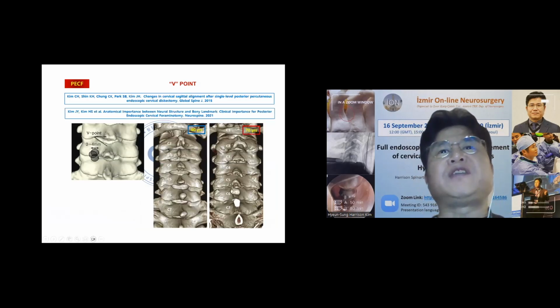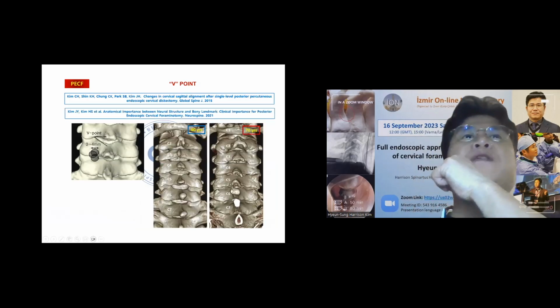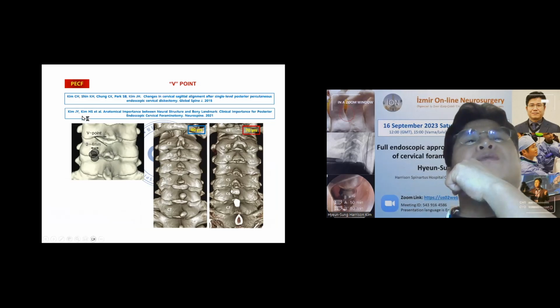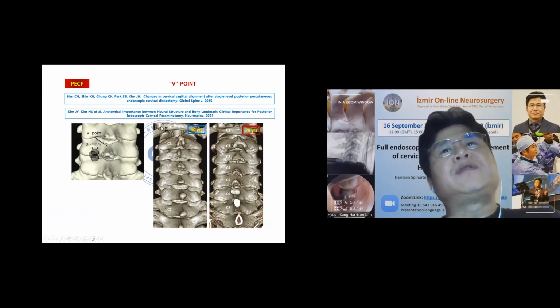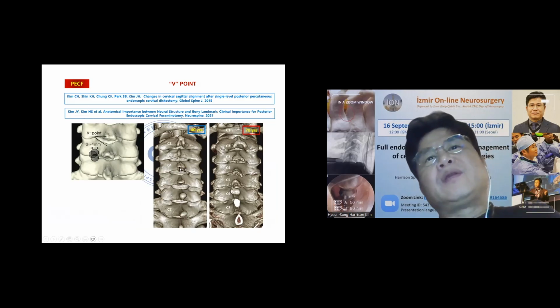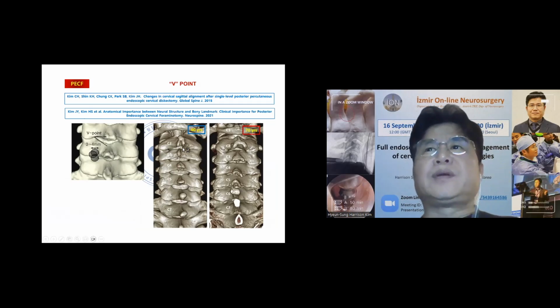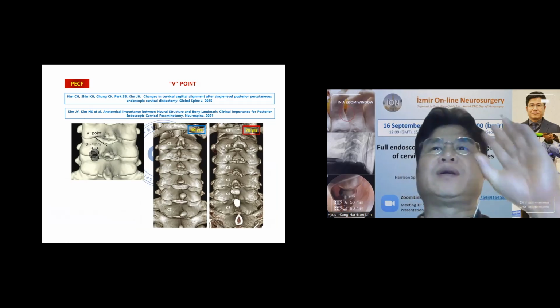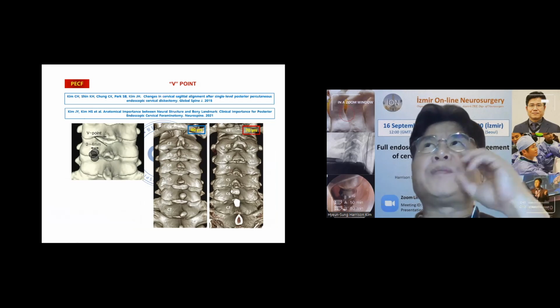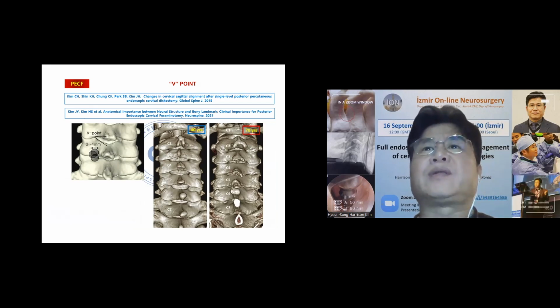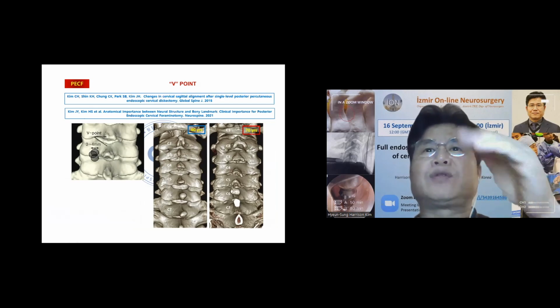Now, this is another very important point. You can read this concept in Neurospine from my paper. We know that with increasing age, human beings degenerate, not only the skin, but also the vertebral body, as you can see.